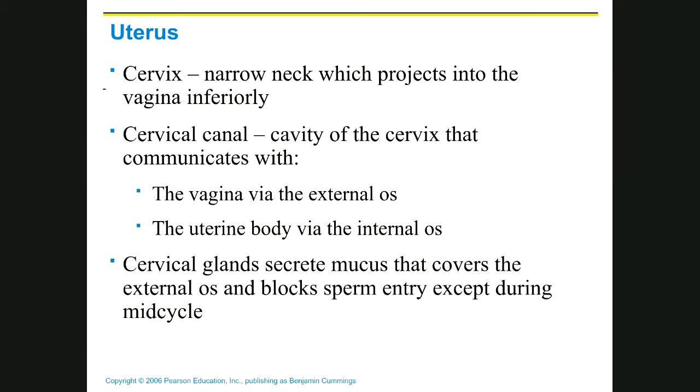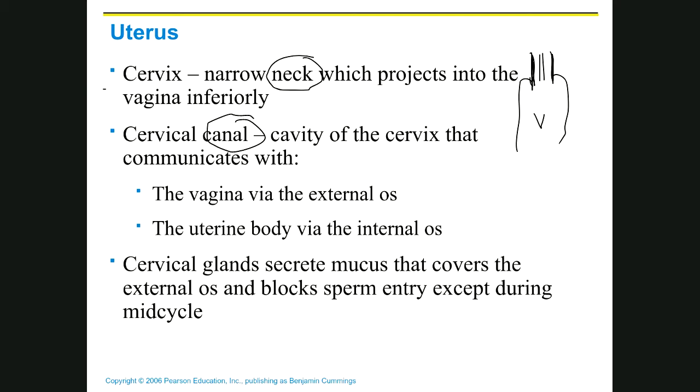Well, if you look at the cervix, remember the word means neck. And so it's this narrow area down at the bottom, and it projects into the vagina. And if you look at it, there's a little tiny tube that runs right through the center of it, a little tiny canal.